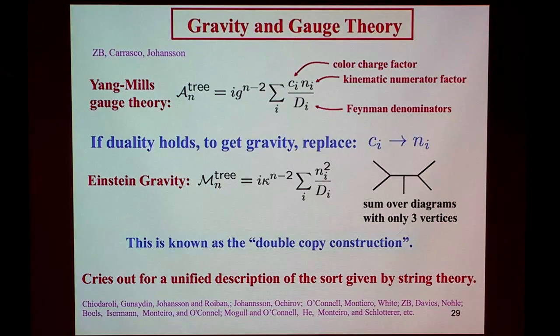Because it turns out that if you take your Yang-Mills theory, you take a set of diagrams, and you arrange things so that this duality holds, so the algebra of the color and the algebra of this kinematic numerator, there's something called Feynman denominators.